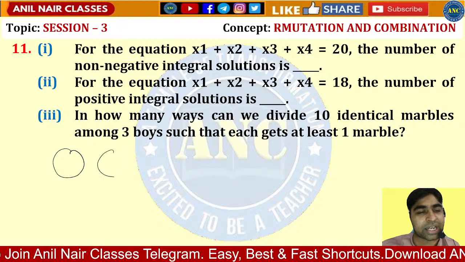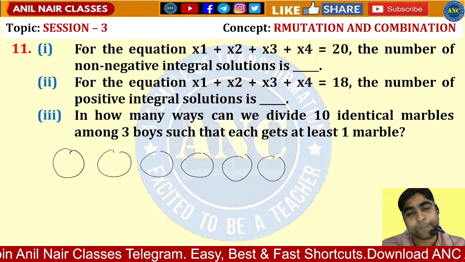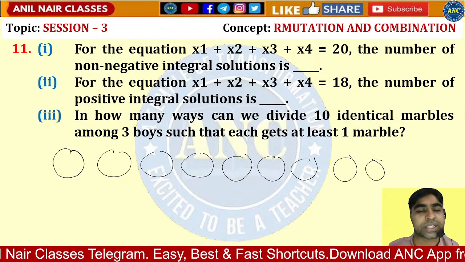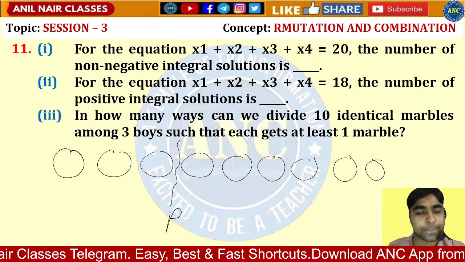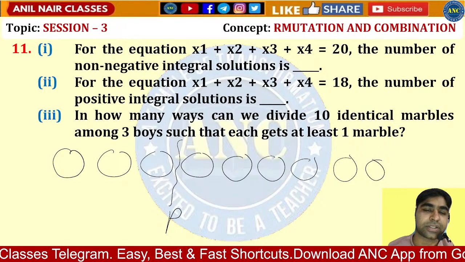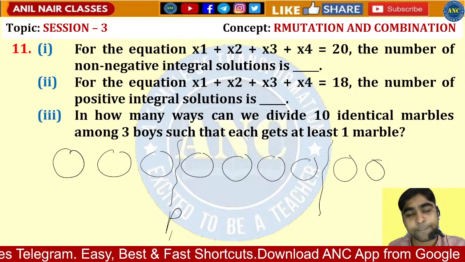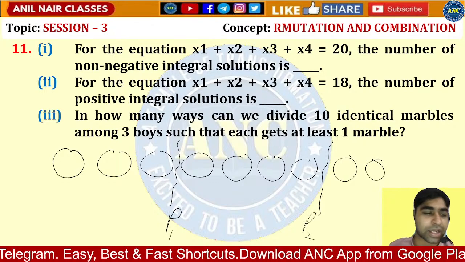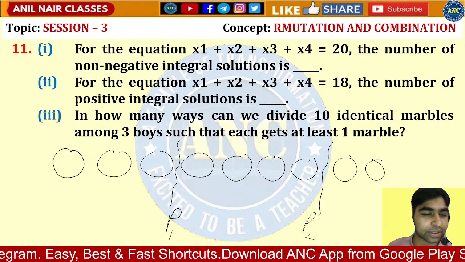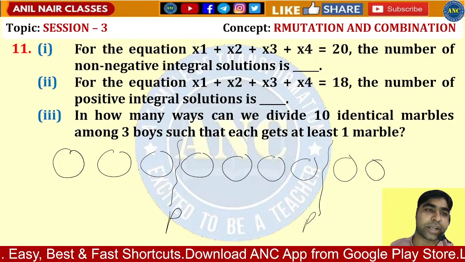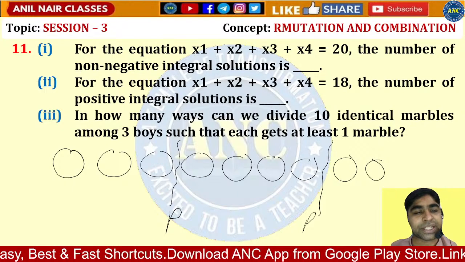Something like, if these are some things which are kept. If I need to divide among 2 persons, I need 1 partition. If I need to divide among 3 persons, I'll need 2 partitions, right?